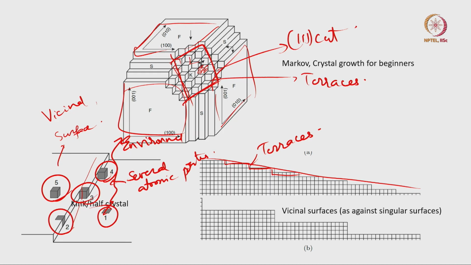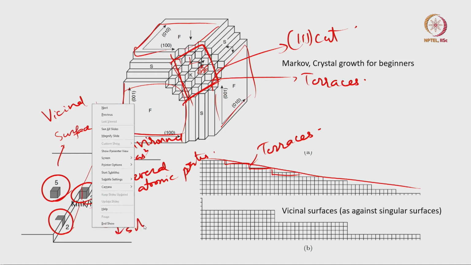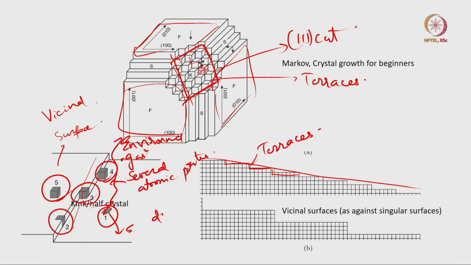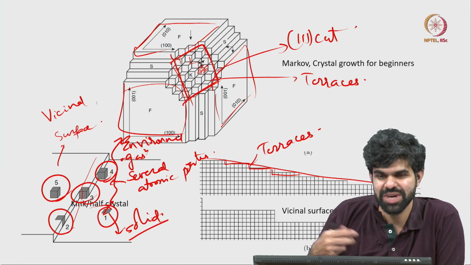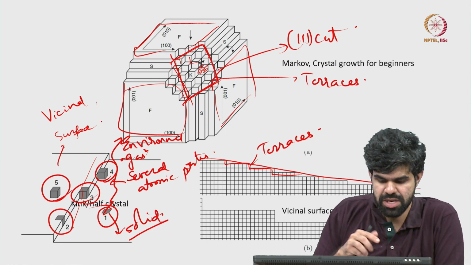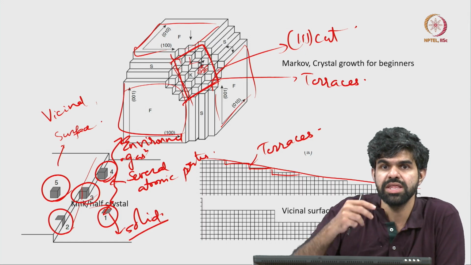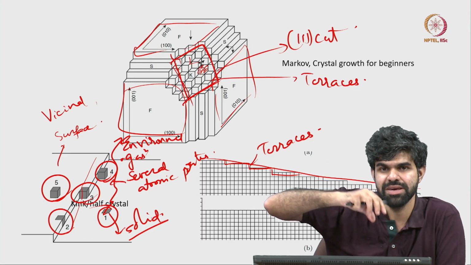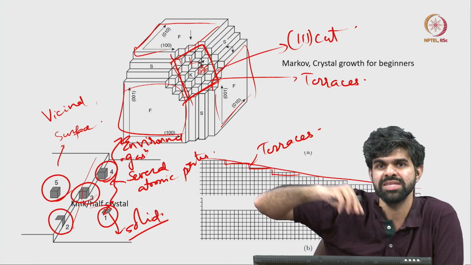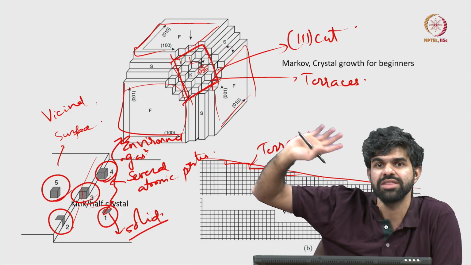So there is a gas phase, this is the solid phase. The atom in the solid phase is going to join the atom in the gas phase. At some point I am going to look at gas solid equilibrium, but initially there is a desorption process, meaning I am detaching this atom and it is going and joining the vapor phase.